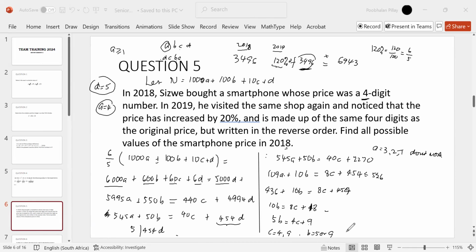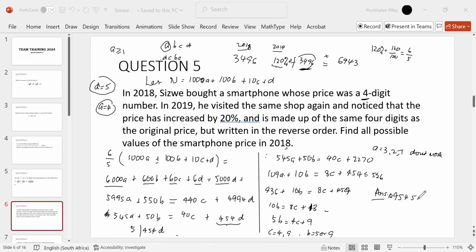Okay. So you'll have B, C is 5, 4. So the answer is A is 4, B is 5 and C is 4 go together, and we already know that D is 5.